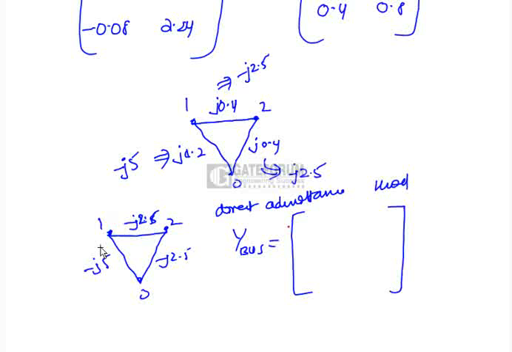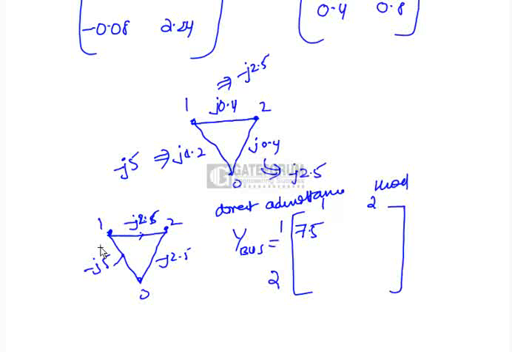Node 1 is connected to two branches, minus J5 and minus J2.5, so the admittance is 7.5.